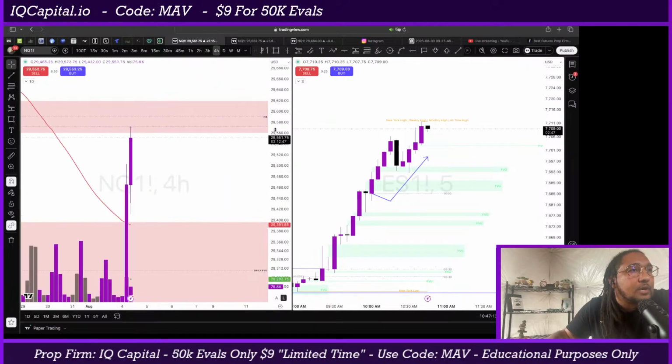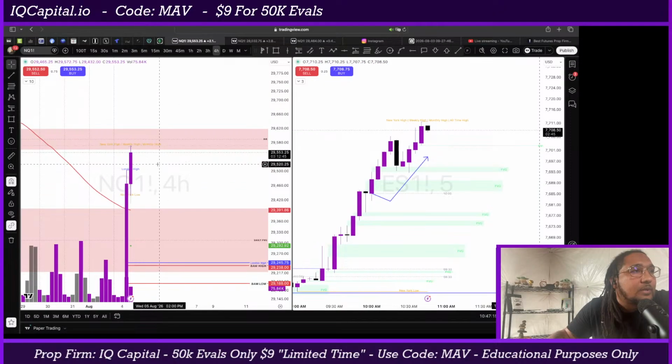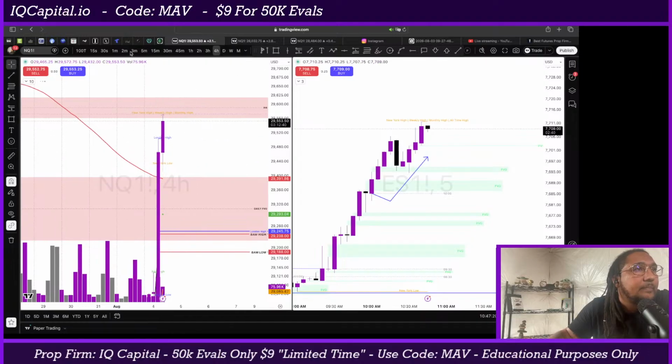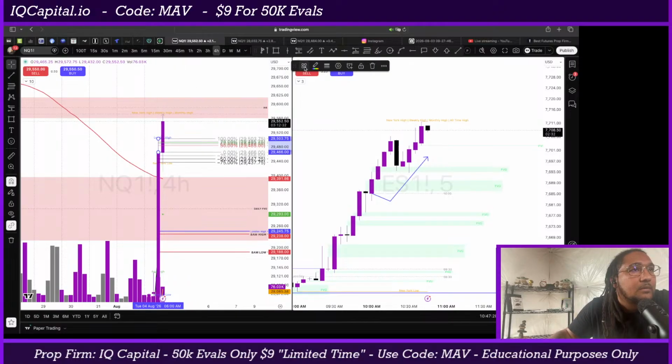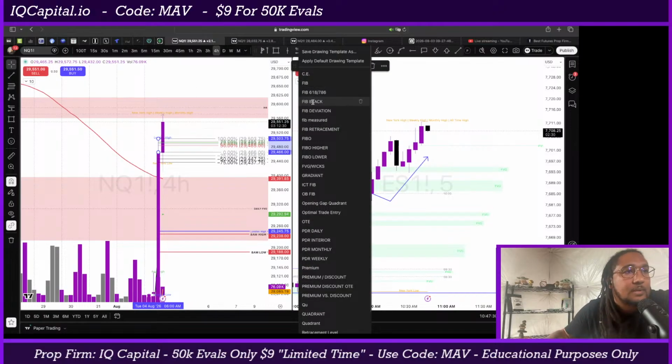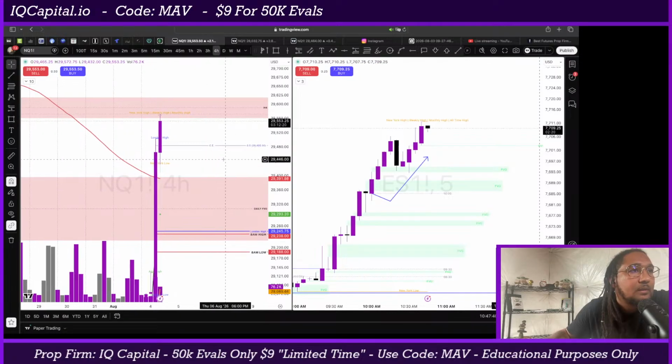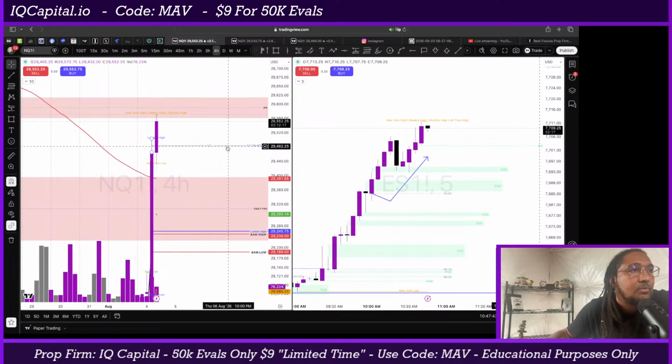So as we look into this 4-hour, this is the top wick on that 4-hour there. So we got this prior 4-hour candle, so we have a top wick there. And we'd like to see if it goes into maybe even 50% of that 4-hour wick there. That would be a pullback at least to the 484 area, 485.